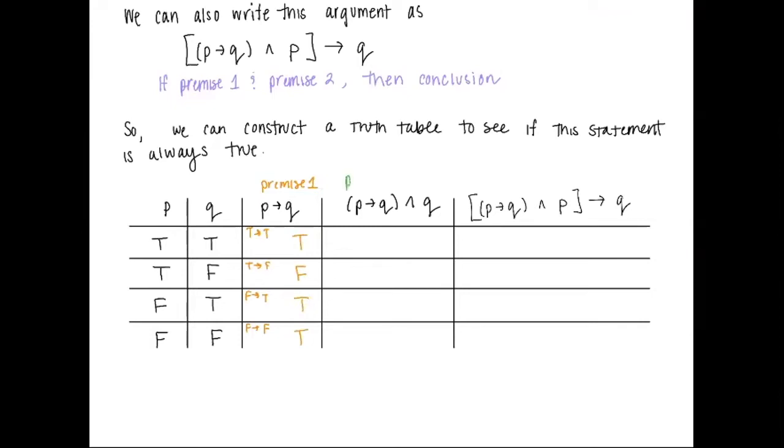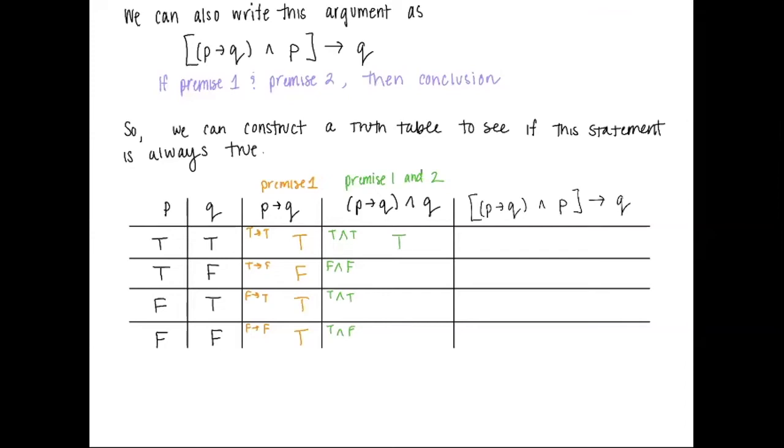Now I want to find my truth value for premise 1 and premise 2. So I put my truth values for premise 1 first. We're doing premise 1 and premise 2, which is true, false, for Q. So here they're both true, so my end statement is true.